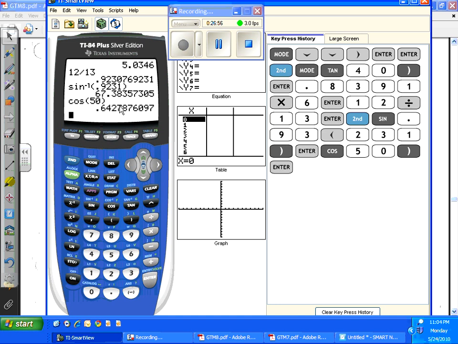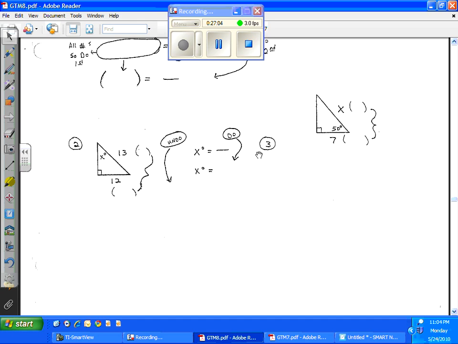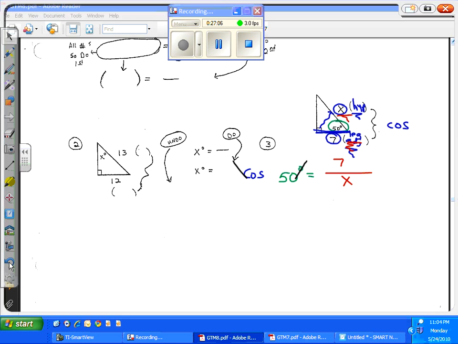We're going to round here. We look to the next number to the right. It's 5 or more, so we add 1, 0.6428. We get 0.6428 equals 7 over x.